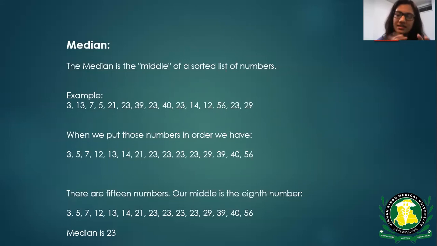Once we have that pattern in ascending order, we count from both sides, and the middle number that comes in between is the median. If two numbers come in between, we take the average of those two: add them both and divide by 2. So that is called the median in biostatistics.